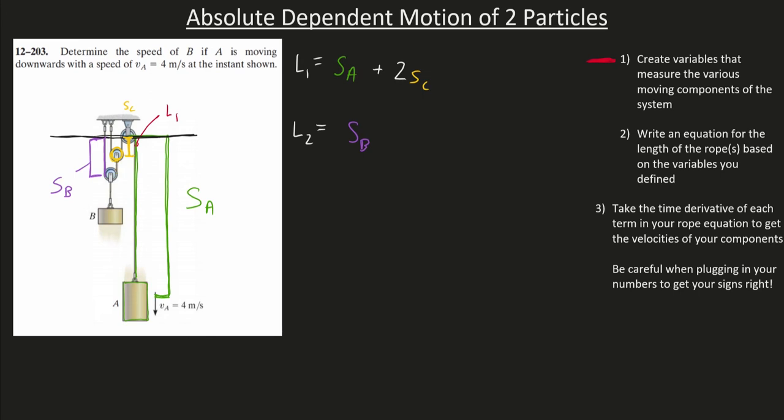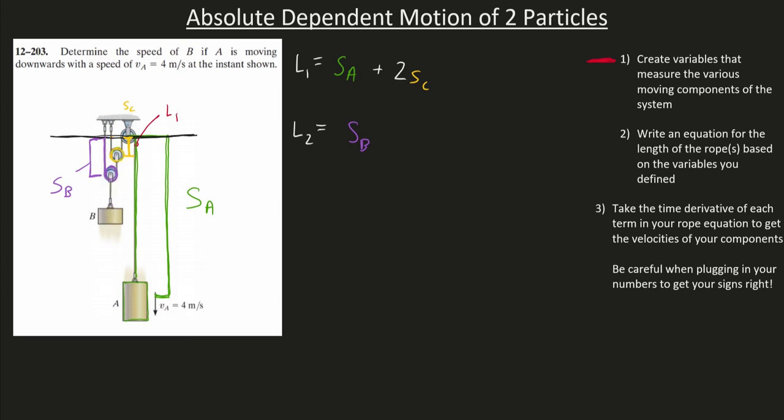Now, what this is going to be is actually the difference between my purple pulley and my yellow pulley. If my yellow pulley is here, I'm going to have a SC like this, and I'm going to have an SB like this, and therefore this rope length here is going to be SB, the purple, minus SC, the yellow.